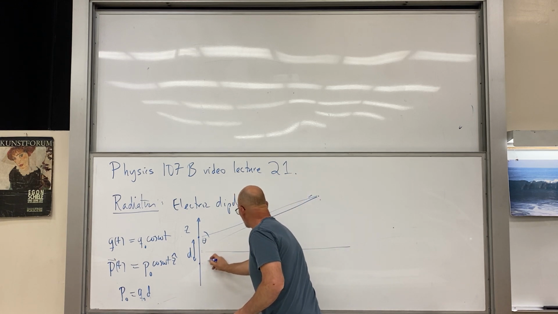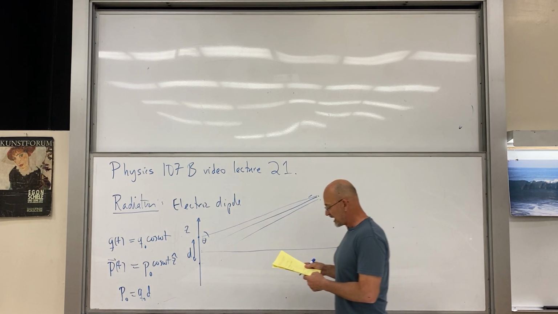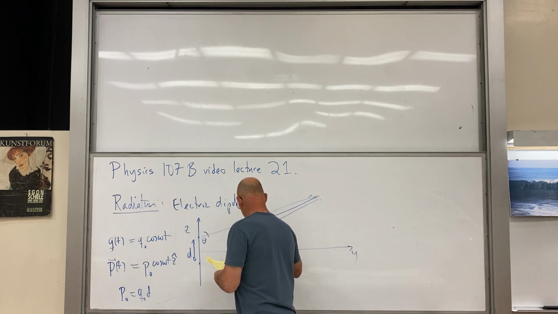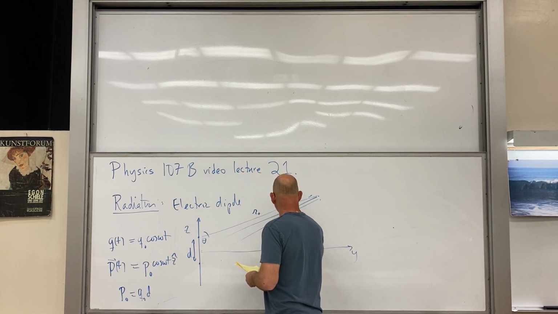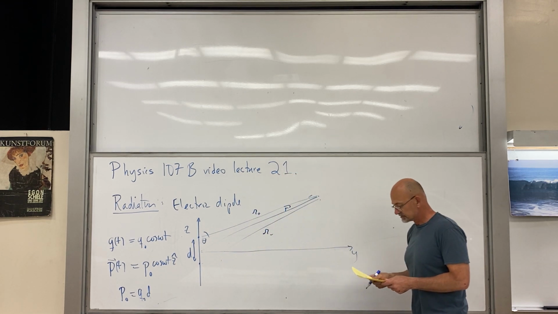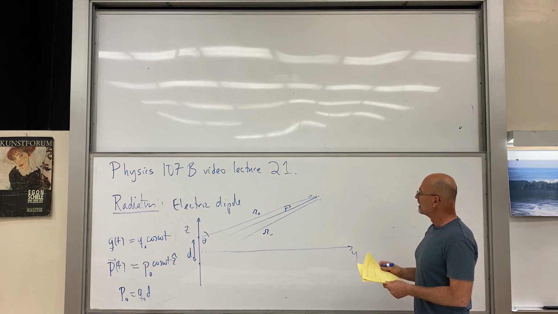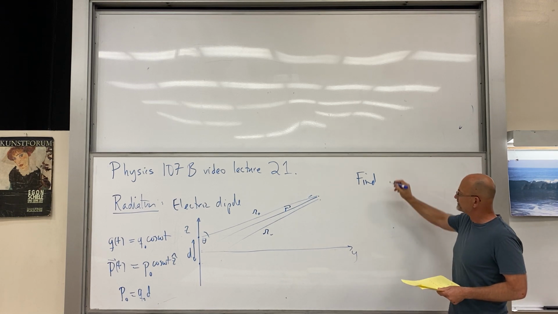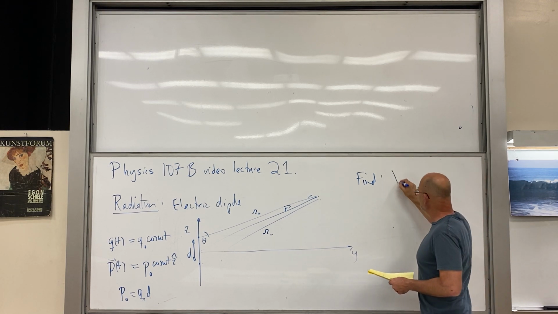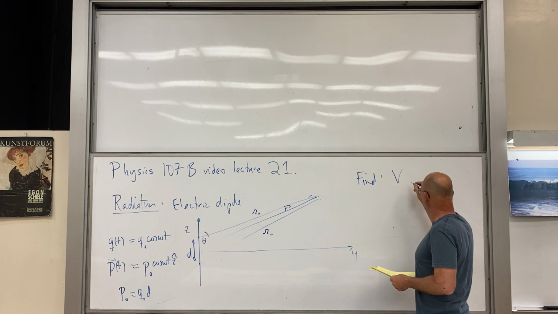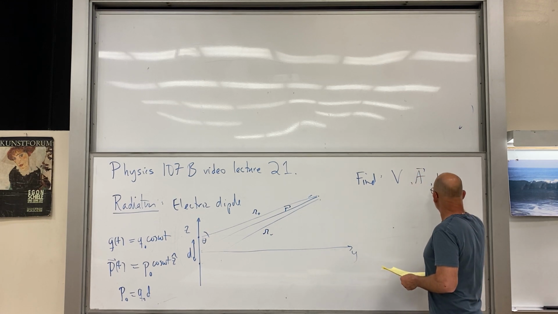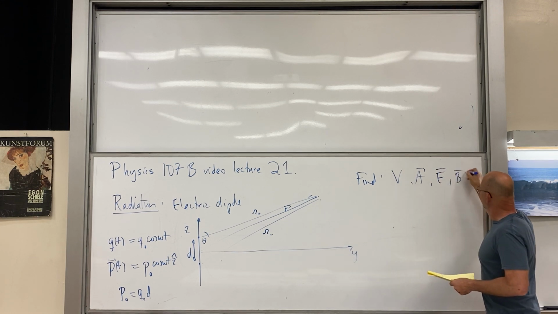So we're sufficiently far away. We had labeled, this is a y-axis, which we'll abandon. So we had r minus, r plus, and just the point r right here. And our task is, we're going to find V, and then we're going to find A, then we're going to find the actual field.